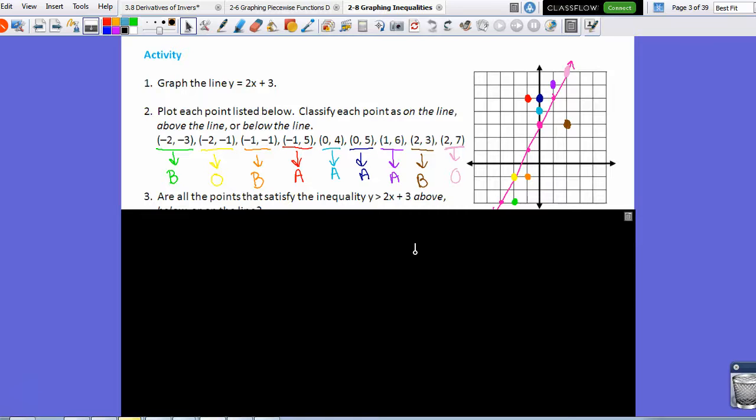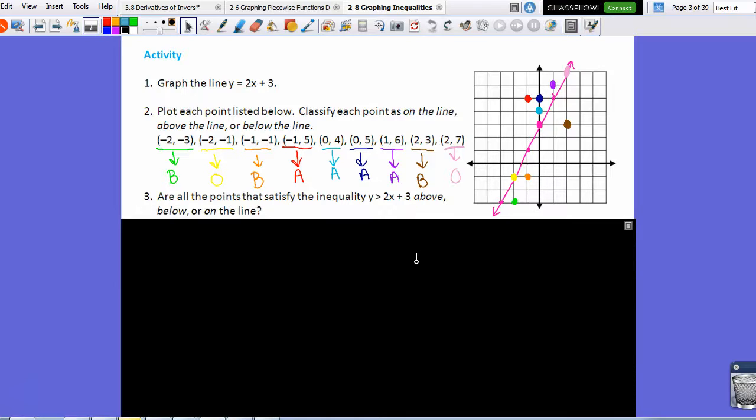So then part 3 says, are all the points that satisfy the inequality y greater than 2x plus 3 going to come from above, on, or below? So you have a few ways you could figure out the answer to that question. You could take a point that is below the line, such as (-2, -3), and plug that in.